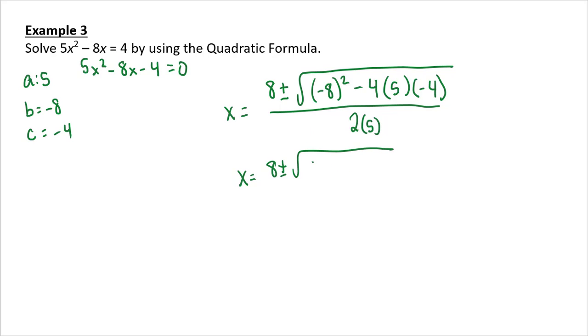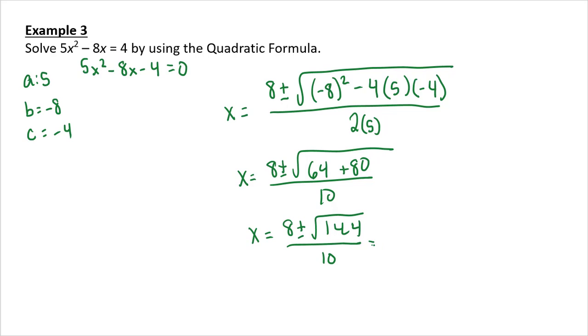So now I have 64 plus 80 all over 10. That turns into 144 over 10. So that turns into 8 plus or minus 12 over 10.